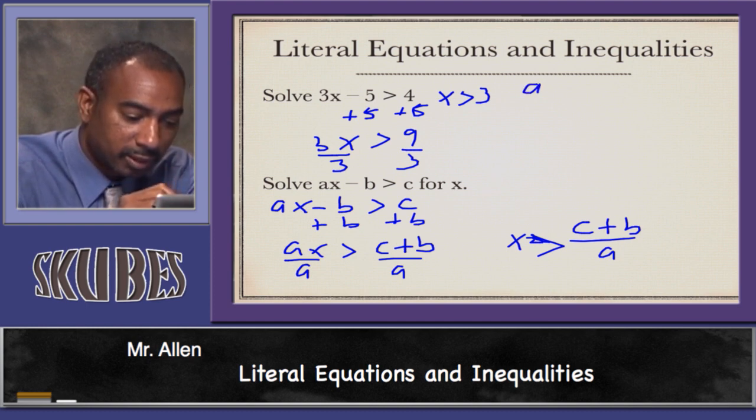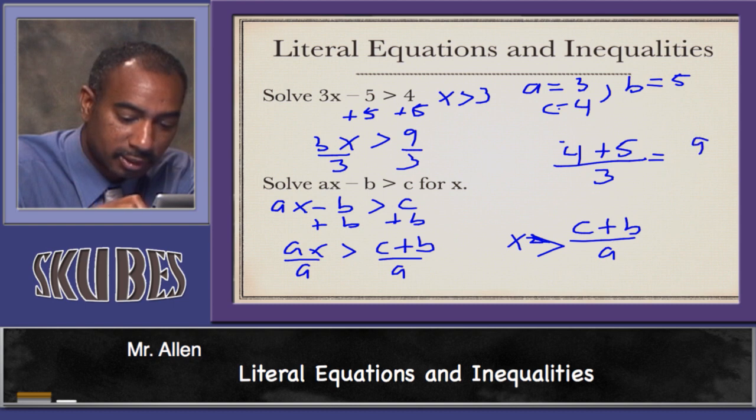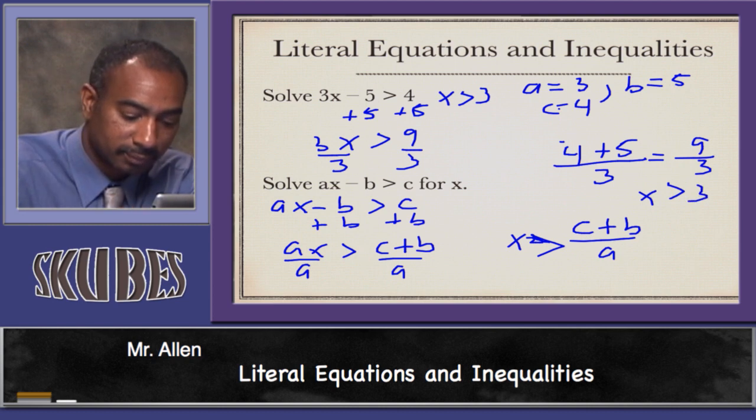So look, if a is 3, b is 5, and c is 4, you just plug those in, so you're going to get 4 plus 5 over 3, which is 9 over 3, which is 3. So all numbers that are greater than 3.